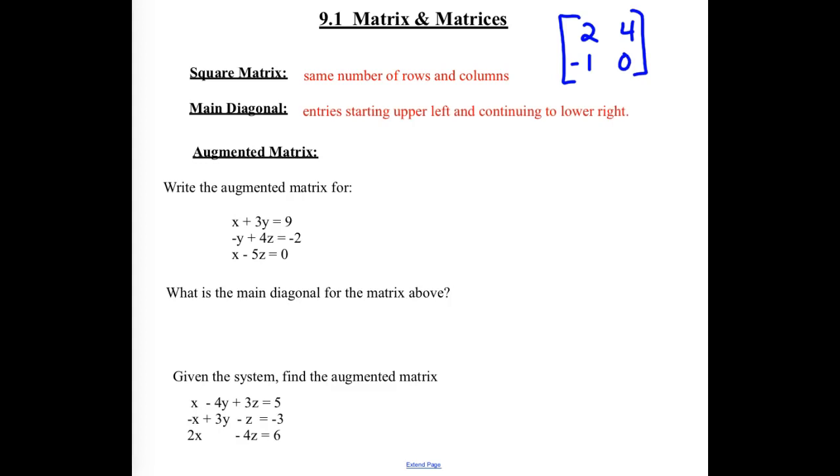So in my example here, the main diagonal would be this. And our last definition, an augmented matrix is a matrix that represents a system of equations.